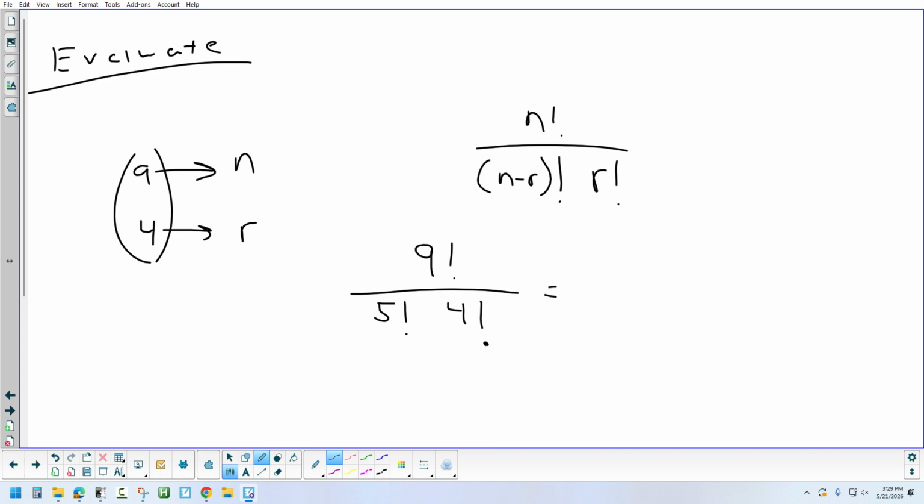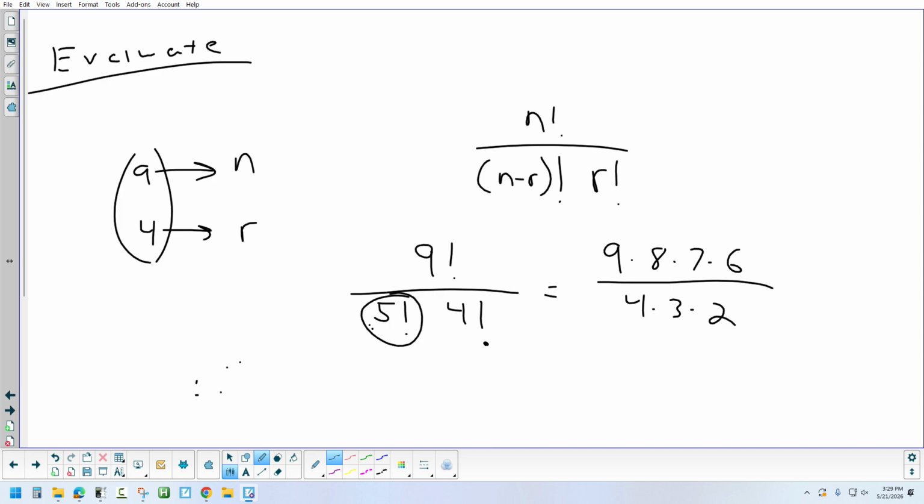When we write out 9 factorial, everything from what number down would cancel? Yep. 5. Everything from 5 down. Because this is 9, 8, 7, 6, and then times 5, 4, 3, 2, 1, which is going to cancel with this 5, 4, 3, 2, 1. So that's completely gone. The 4 factorial is still in the bottom.